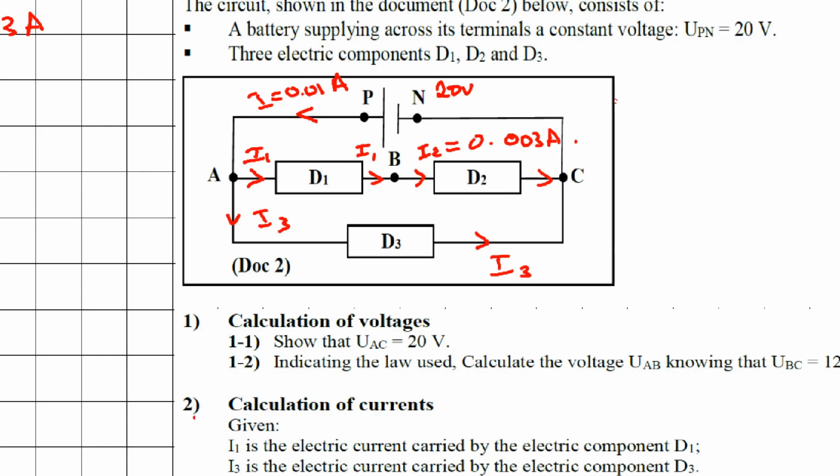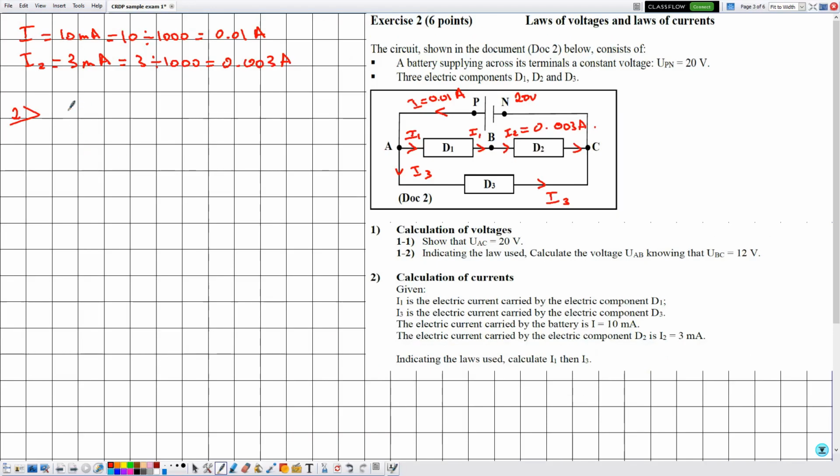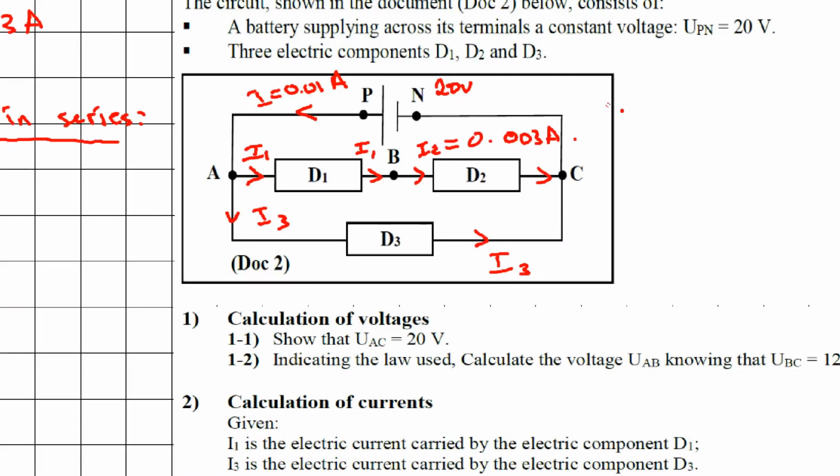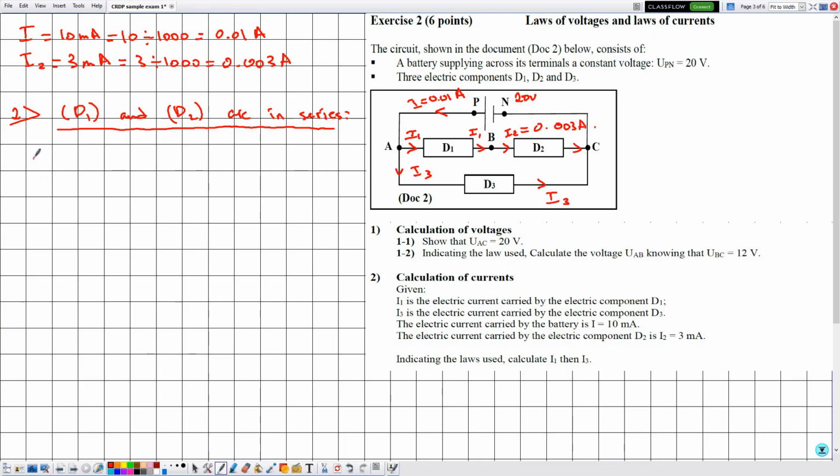So notice that because D1 and D2 are in series, we know that whenever two electric components are in series, according to the law of uniqueness of currents, they have the same current. Then I1 is equal to I2. So it's always important in physics to mention the law that we are using.